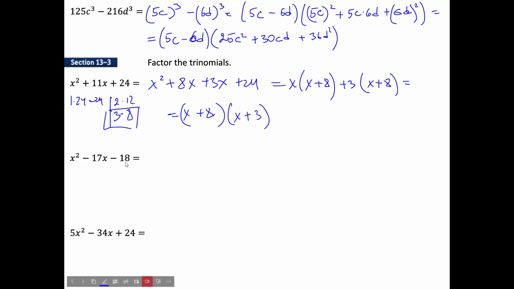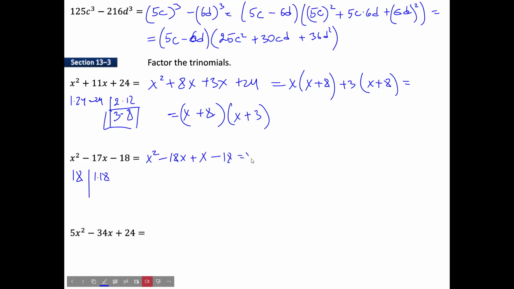So this one, is 18 a perfect square? Well, even if it is, it's negative, so it's not gonna work. So 18, 1 times 18, can I create 17? Yeah, negative 17. So minus 18x plus x gives me negative 17, minus 18.